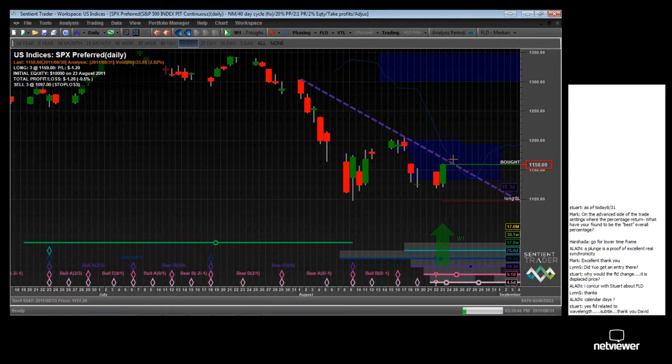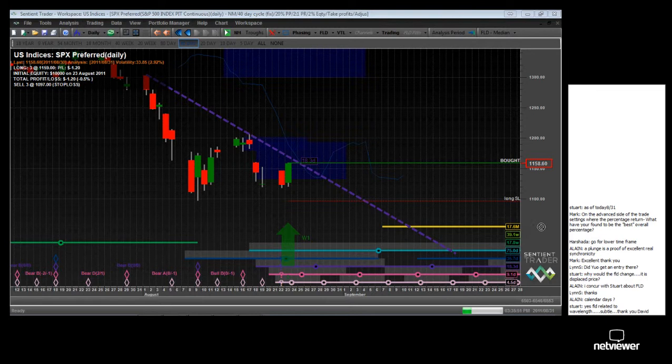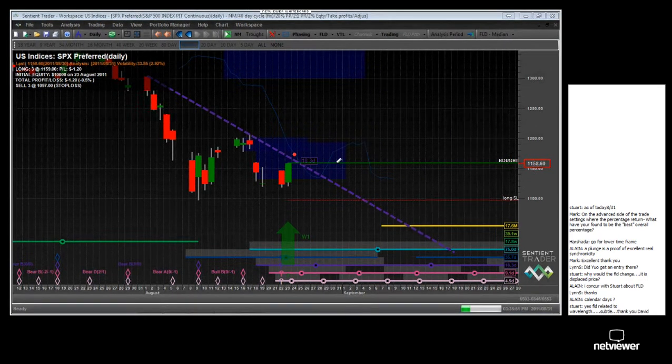Let's imagine here that the FLD jumped by 7 bars. If this FLD, which is on this date currently at this, let me do this properly. I'm loving this whiteboard. So here's the FLD on this bar.